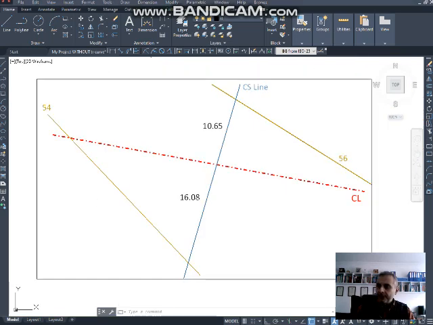I have already prepared a drawing for you to be able to see clearly. This is 10.65 and another 16.08 meters from this point to that point. This is the 54 meter elevation contour line. This is another contour line, 56, and this is the point that I am looking for, and this is my center line.